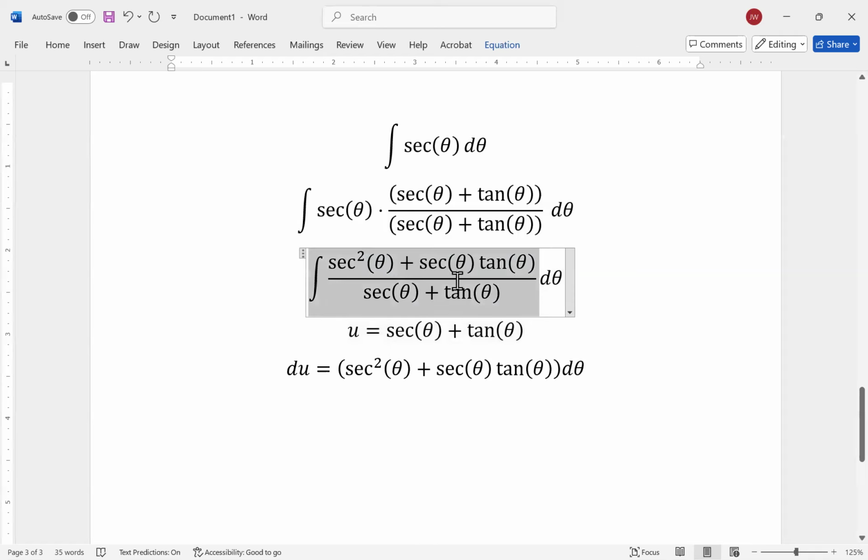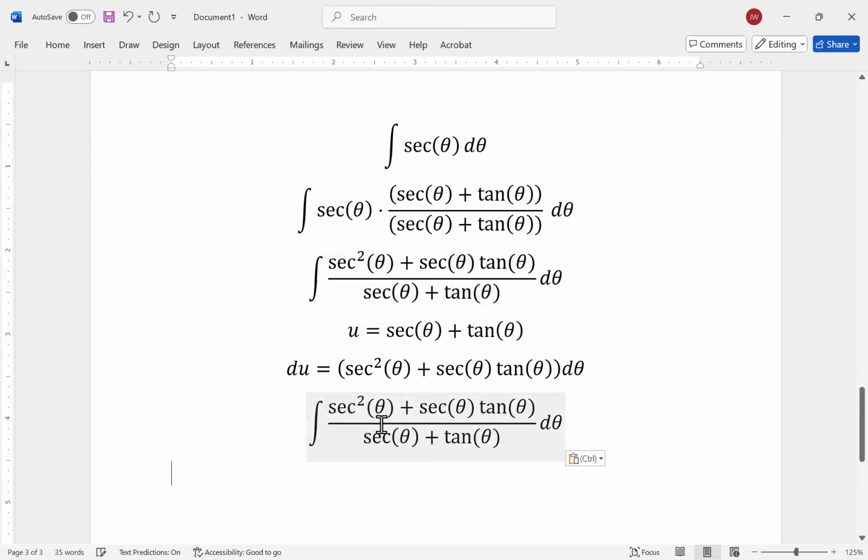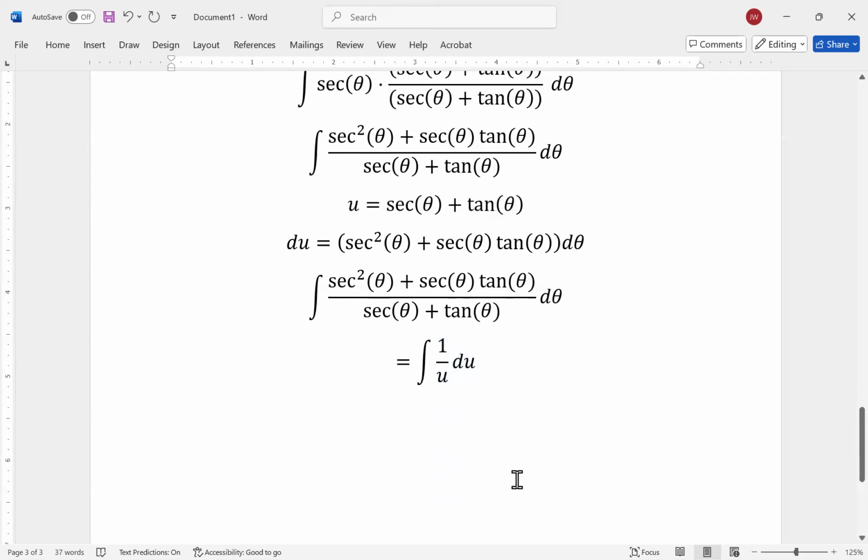So this entire integration, which remember is equivalent to the integral of secant of theta, is just, well, the numerator times d theta becomes a du, and then the denominator just becomes a u. So we're just integrating 1 over u.